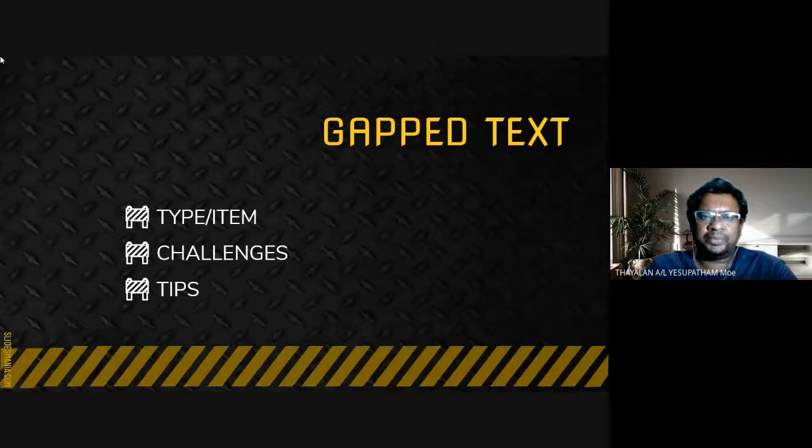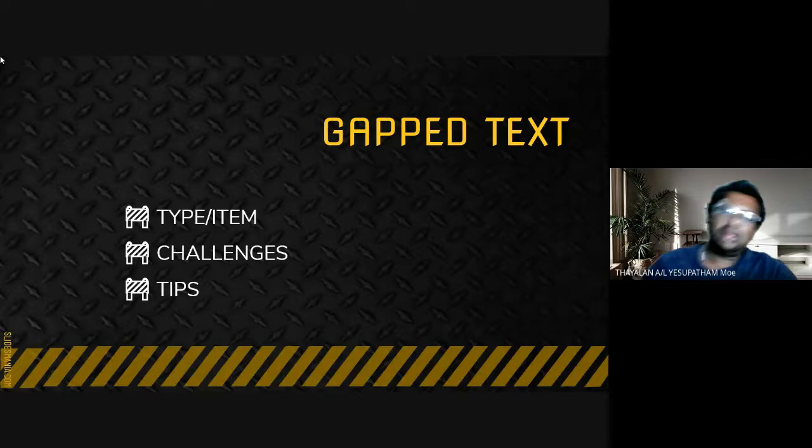All right, now we'll go through the same three elements: the type or the item, the challenges faced in handling this particular part, as well as the tips.